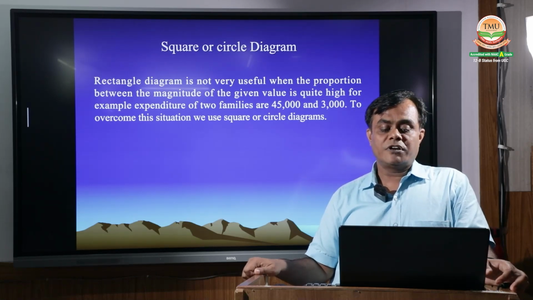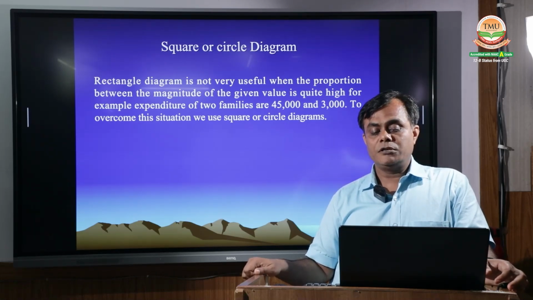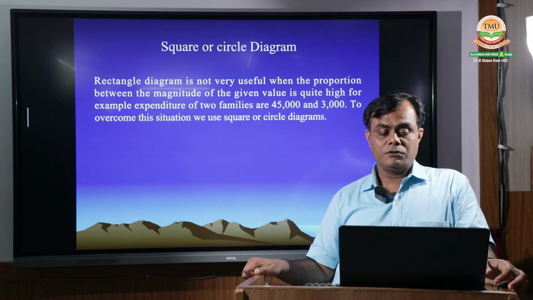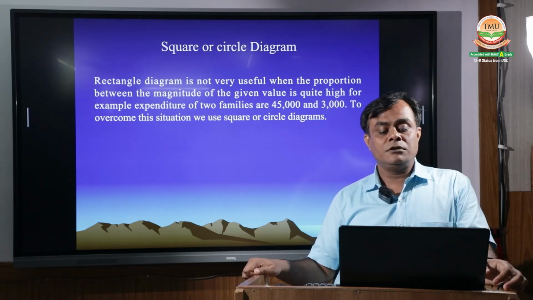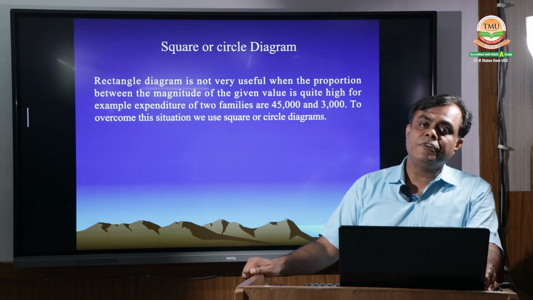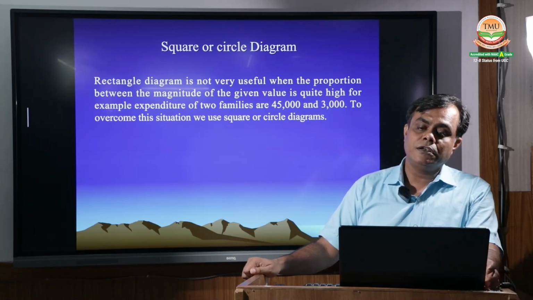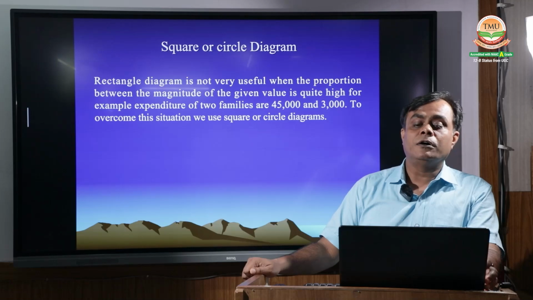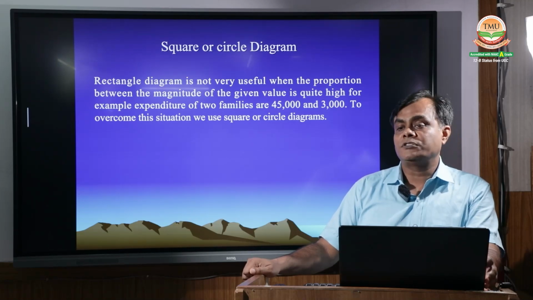To overcome this situation, we use a square or circle. Sometimes a rectangular diagram is not easy for putting information in a better or more interesting manner. In that situation, you have the option to use a square or circle diagram.